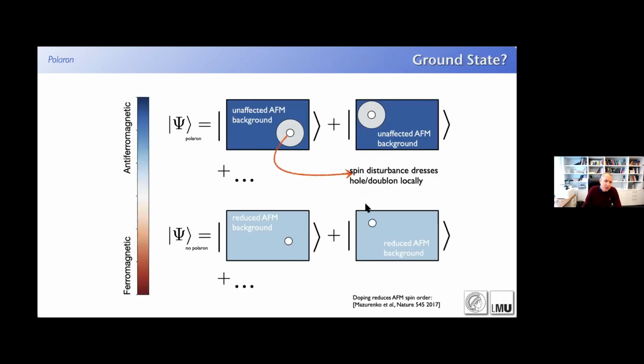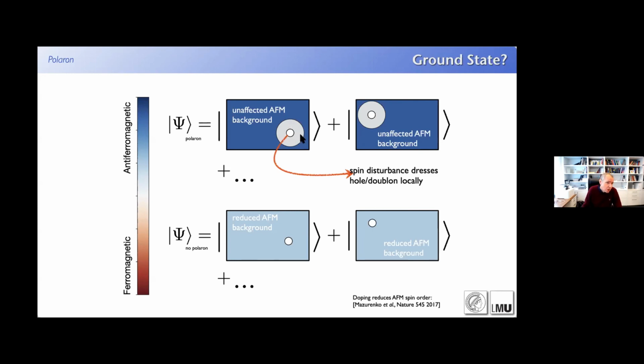What you have in 2D is a so-called polaron that forms around this impurity. Around this impurity, you have a bubble of modified spin correlations in the system. And within this modified spin correlation, the impurity can delocalize a bit, so it can minimize the energy a little bit, but not over the entire system.